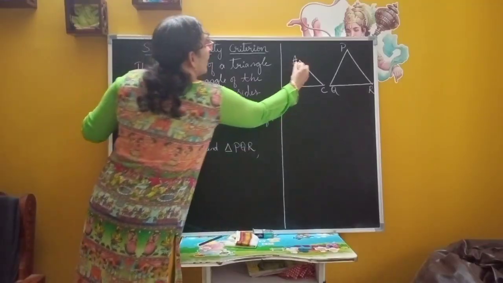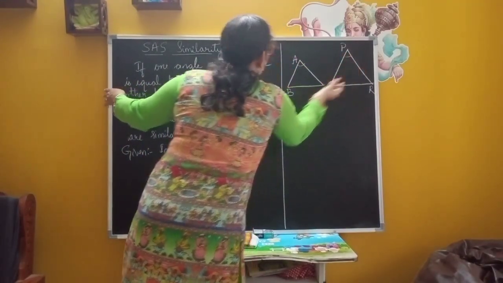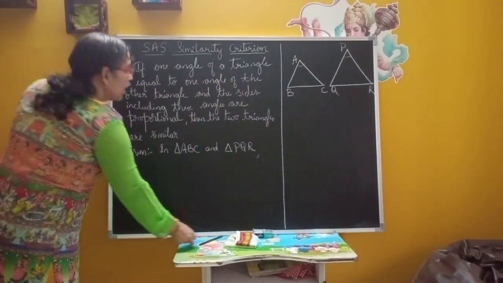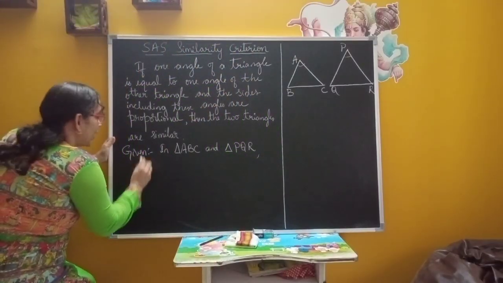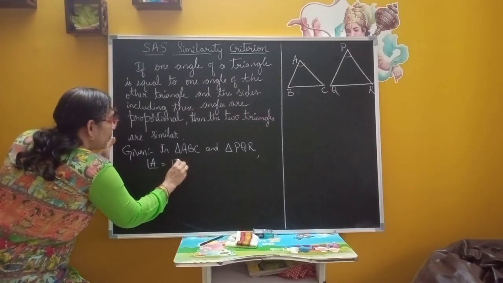Let me take angle A and angle P. These are equal angles as per the given statement. So angle A is equal to angle P.